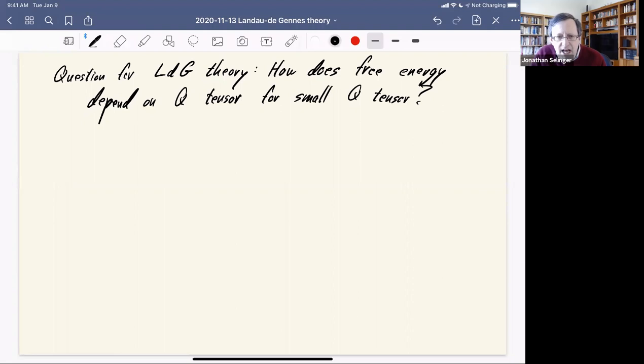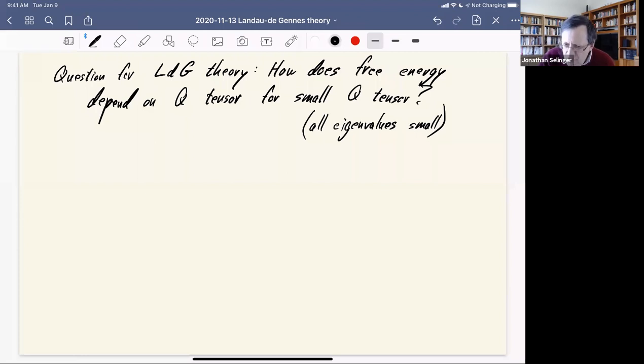What does it mean for a tensor to be small? Well, all the magnitudes of it are small. All eigenvalues are small.